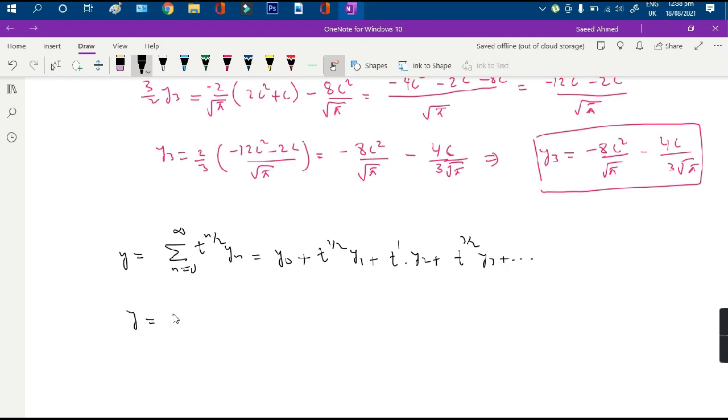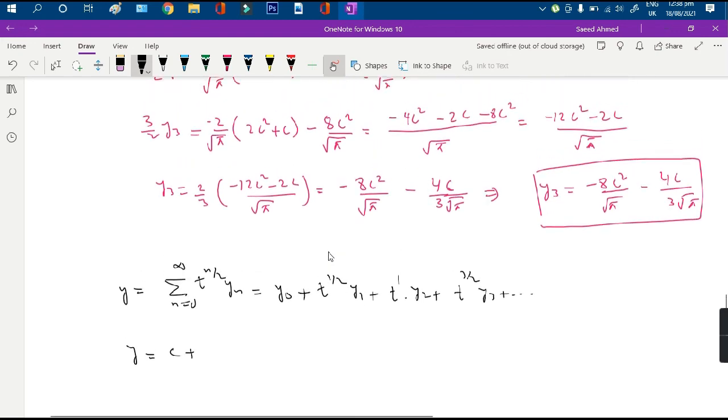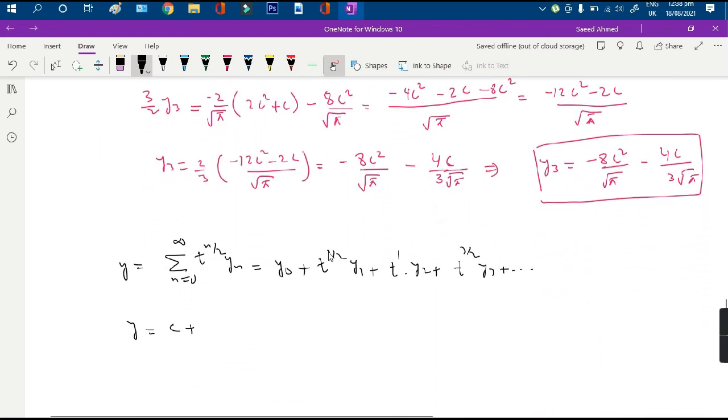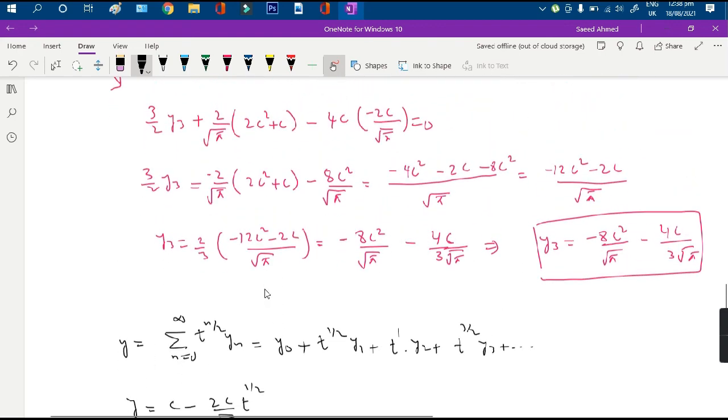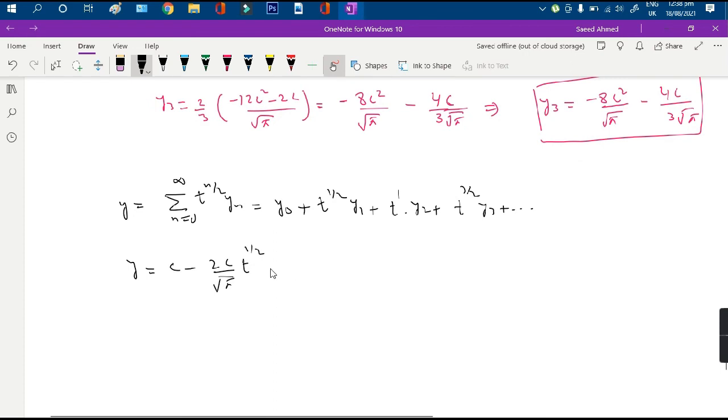And this becomes y naught, which is c, plus y1, which is minus 2c over square root of pi, t to the power 1 by 2, and then I have y2, which is 2c square plus c, into t to the power 1, and then finally y3, which is minus 8c square over square root of pi minus 4c over 3 times square root of pi into t to the power 3 by 2, and so on. So this is the solution of the given fractional differential equation.